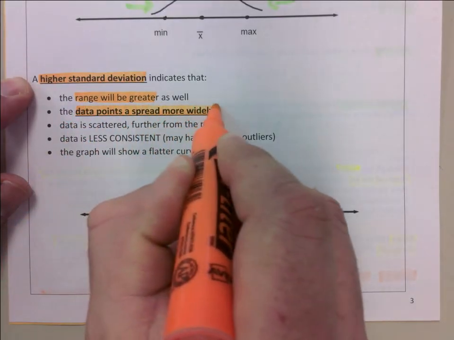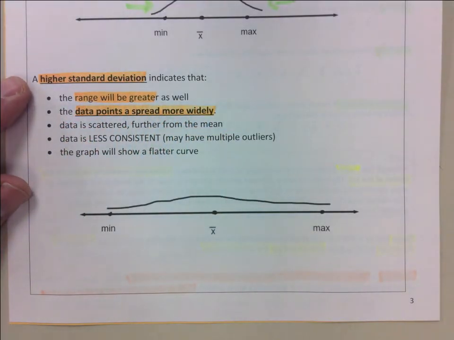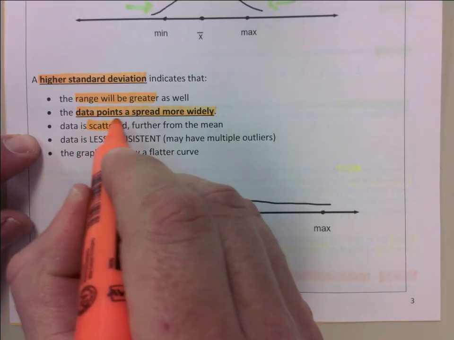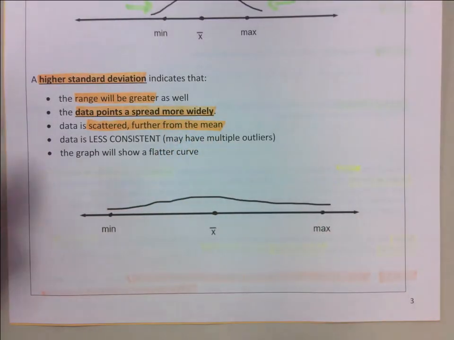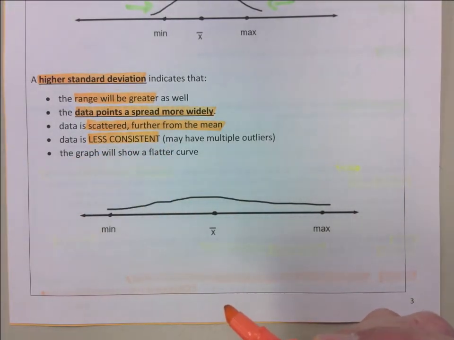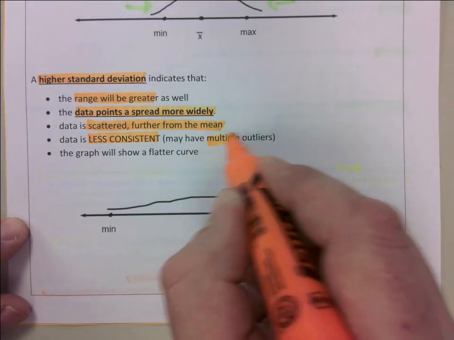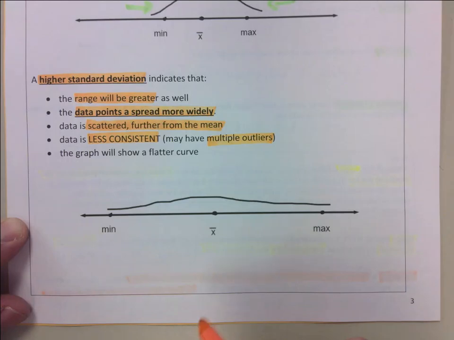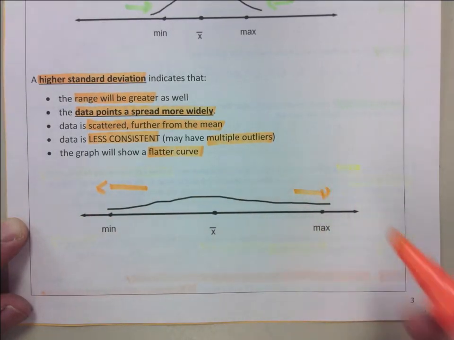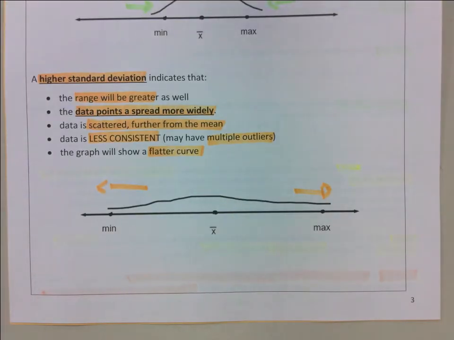Data points are spread out widely, or scattered further from the mean. Less consistent or inconsistent. There may be multiple outliers present, and it'll be a flatter curve. So what's happening here is your data is spread out.